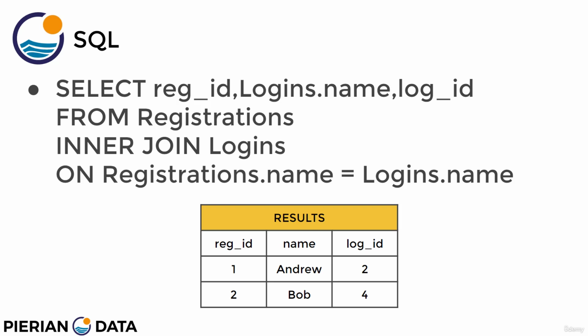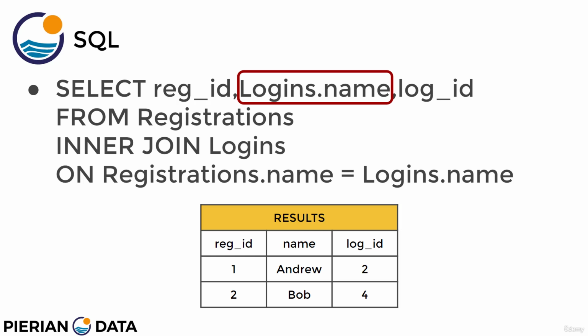So you might be wondering, why did I have to specify logins.name instead of just saying name? Well, the reason for that is because name existed in both tables. So we had both tables share a column name, which means if I'm selecting something after a join, I should specify what table I'm referring to in regards to the name column. And in this case, it doesn't really matter.